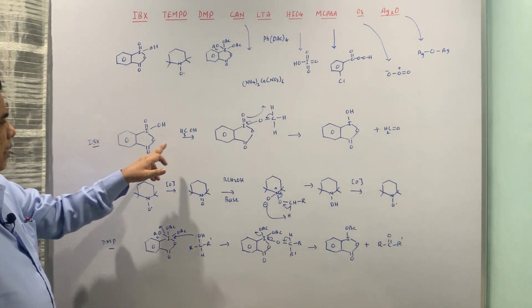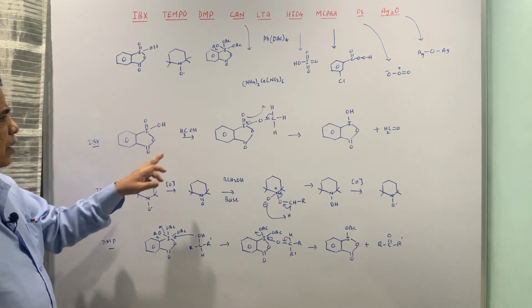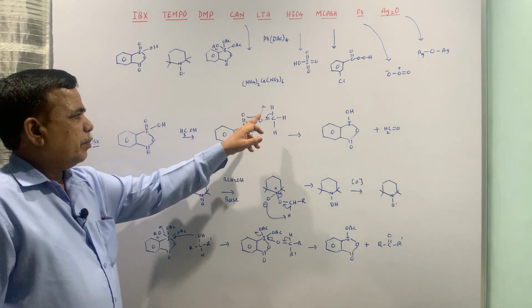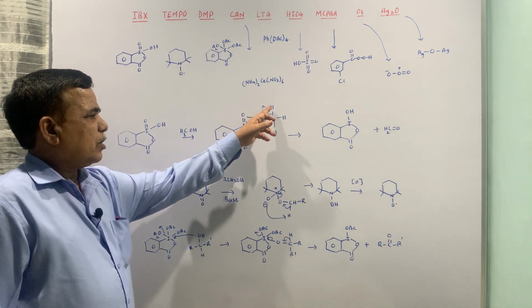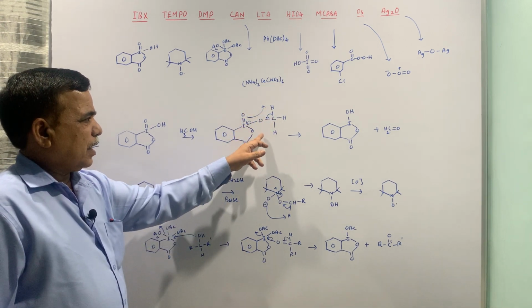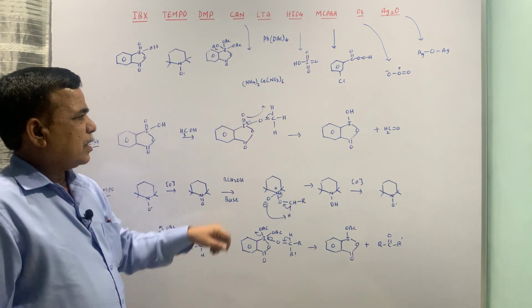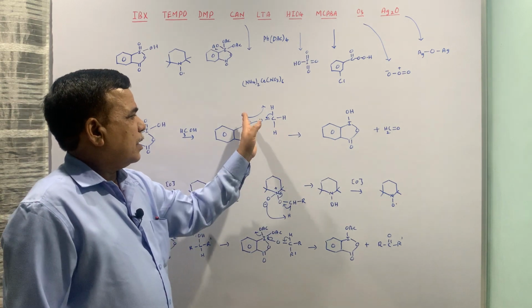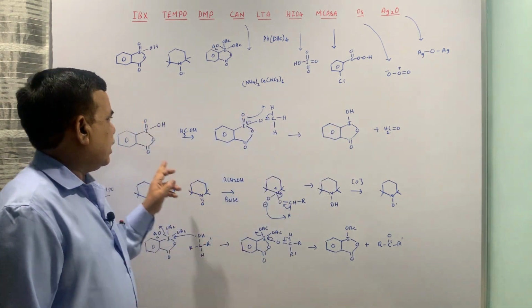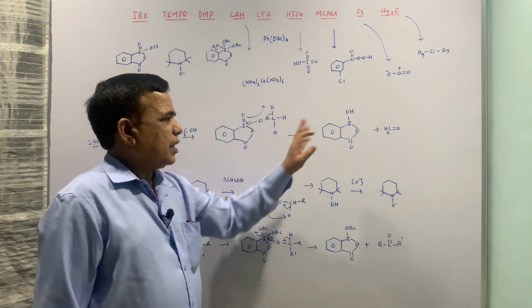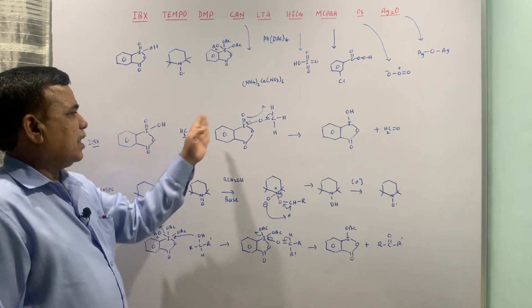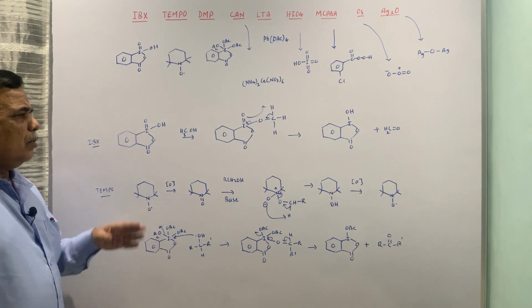So if you treat it with alcohol, the alcohol attacks, OH goes off, and you get the intermediate. Then this double bond oxygen takes a proton. Once again this CH bond is utilized in making the aldehyde carbonyl, and the iodine here, plus 5, is becoming plus 3. So that is how it is getting reduced and oxidizing the alcohol to aldehyde.